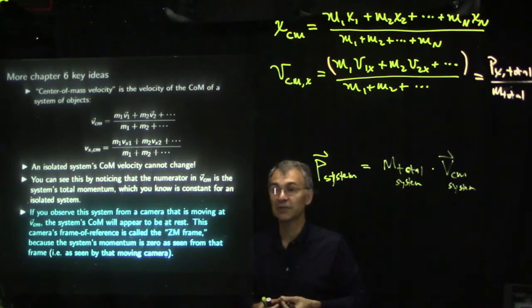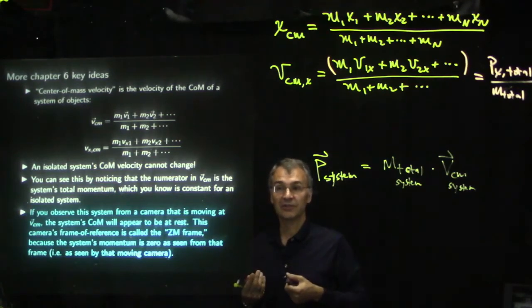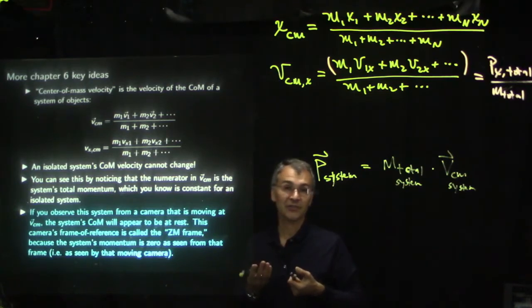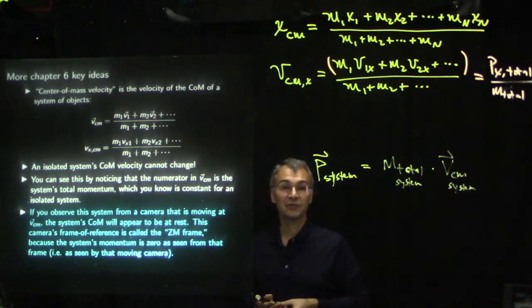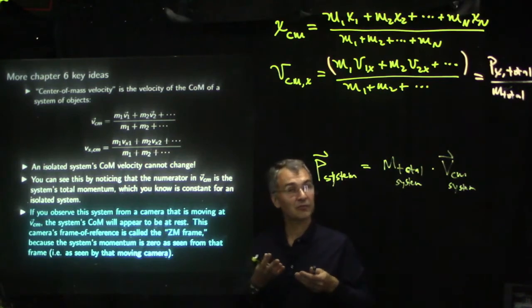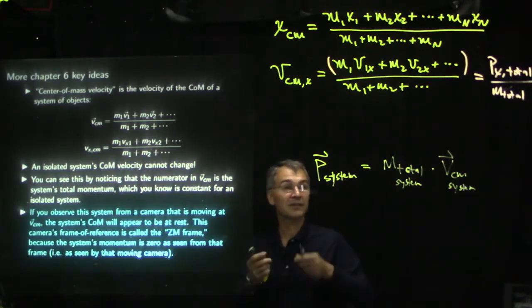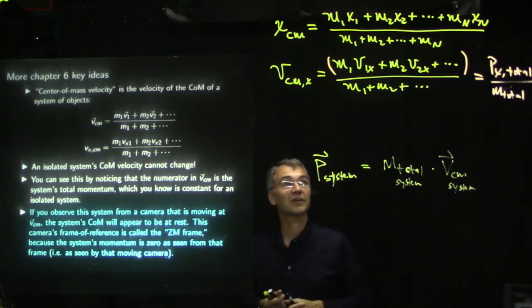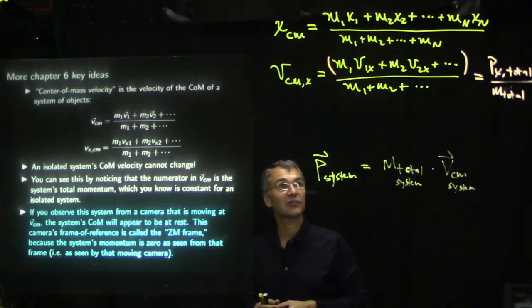Actually, more people in the physics world say CM frame rather than ZM frame. Our textbook is being innovative by saying ZM frame. So just remember that the center of mass velocity of a system is the velocity of the center of mass. It's the mass-weighted combination of the velocities of the constituents of that system.